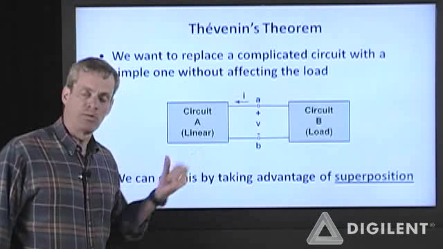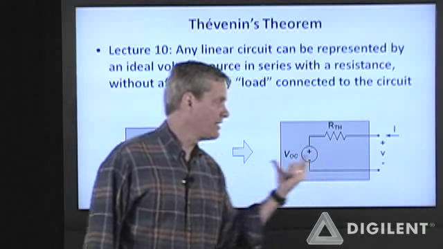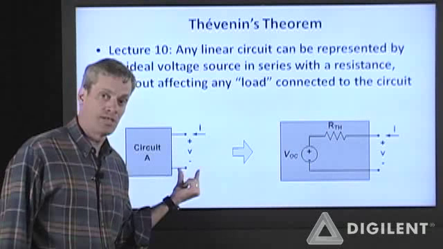So if I have some complicated circuit A here with a voltage current characteristic at its terminals, I can always replace that with a voltage source with voltage VOC in series with a resistance which we called RTH. The terminal characteristics of this, if VOC and RTH are chosen correctly, are indistinguishable from the terminal characteristics here.